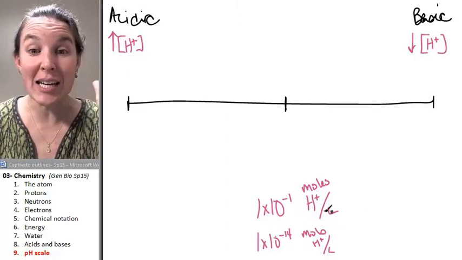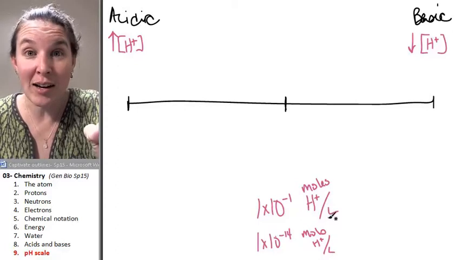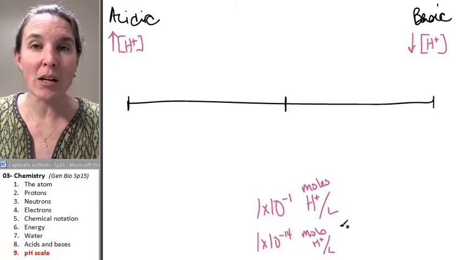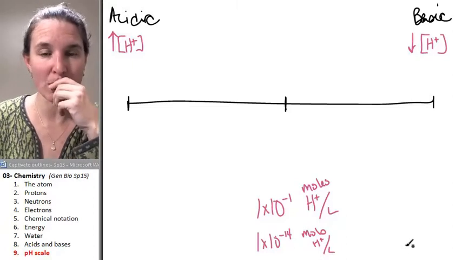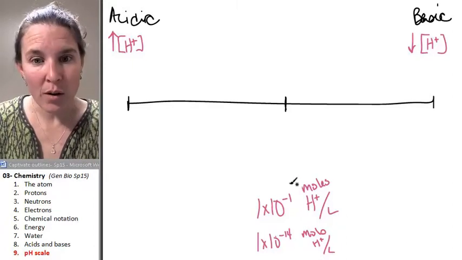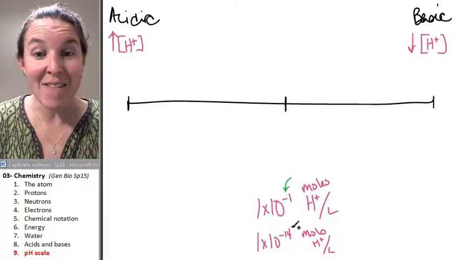Before you do anything, I need to know which number is bigger. Which number indicates more hydrogen ions in that solution? Which one is a more concentrated solution of hydrogen ions? Hopefully you know the negative exponent.